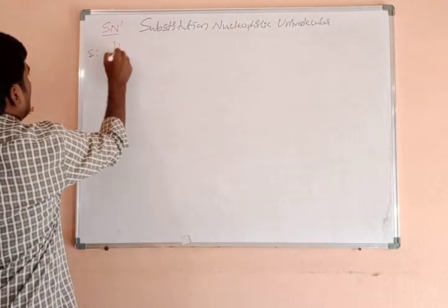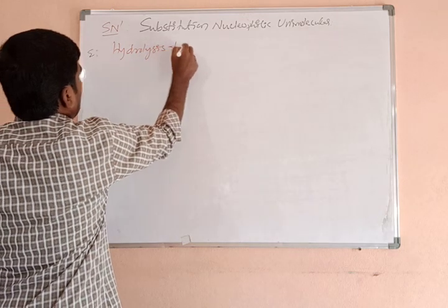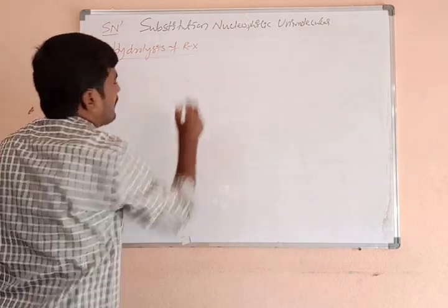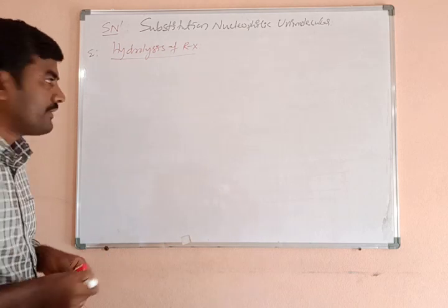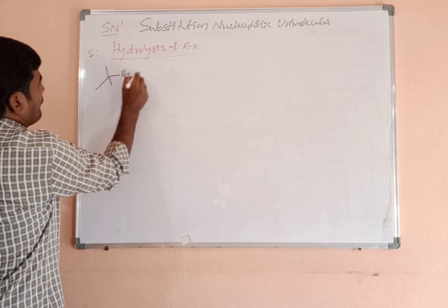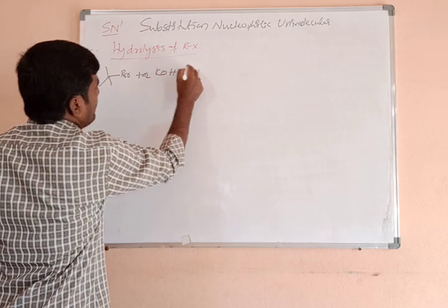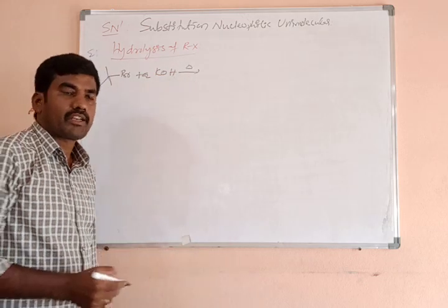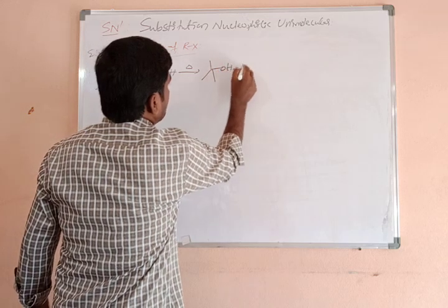Hydrolysis of alkyl halides. Take tertiary butyl bromide. Tertiary butyl bromide is boiled with aqueous potassium hydroxide to form tertiary butyl alcohol plus KBr.